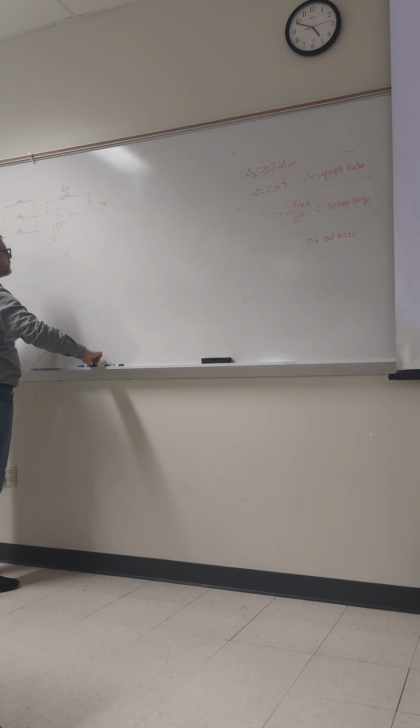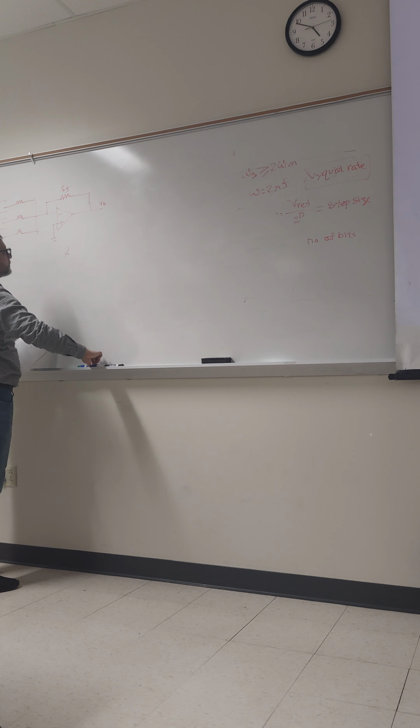Now, what will be the full scale output voltage? To calculate it, all the bits are 1, right? So that means 1 plus 1 over 2 plus 1 over 4.